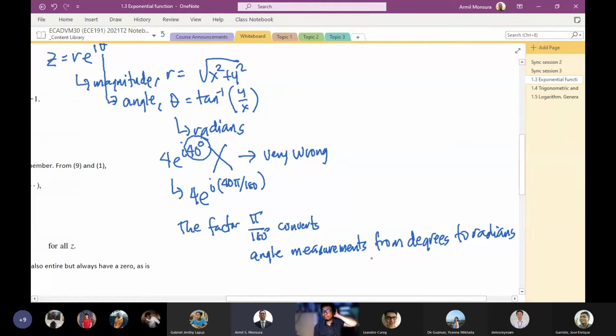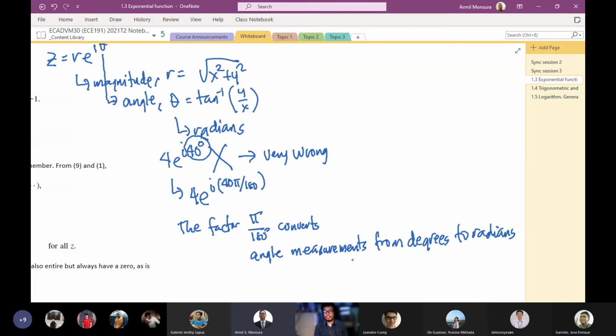Or otherwise, kung nagka-calculator kayo, then simply set your calculator to radians. Yun nga lang, be very careful, especially if you are used to using degree measurements for angles in polar form as katulad nung ginagawa natin before.